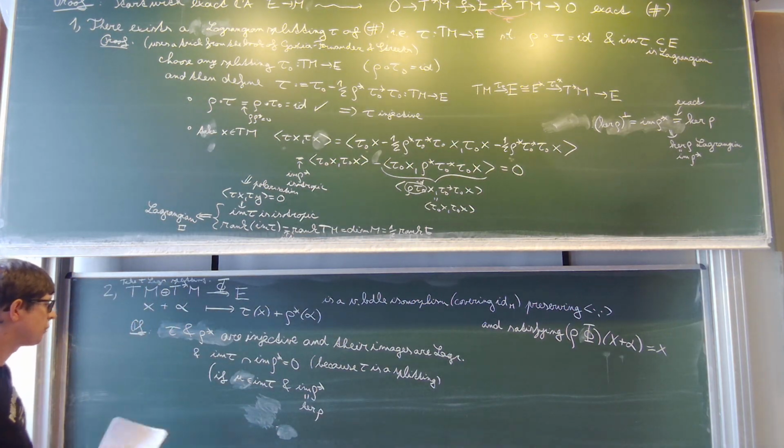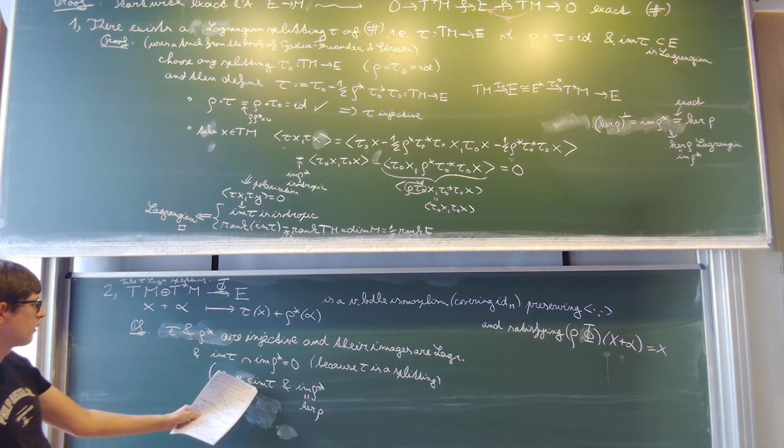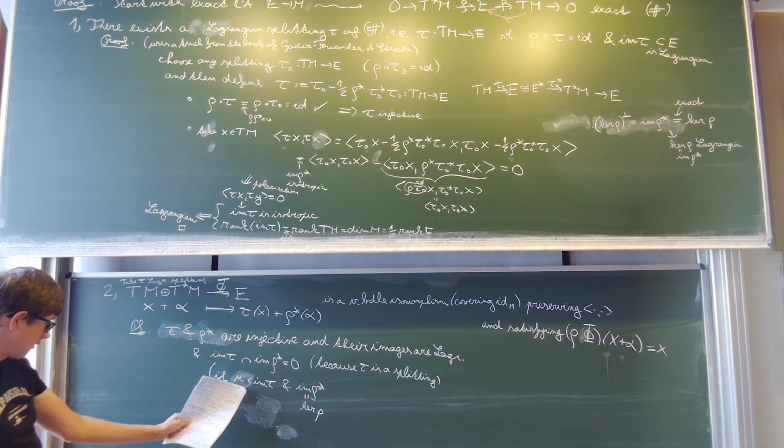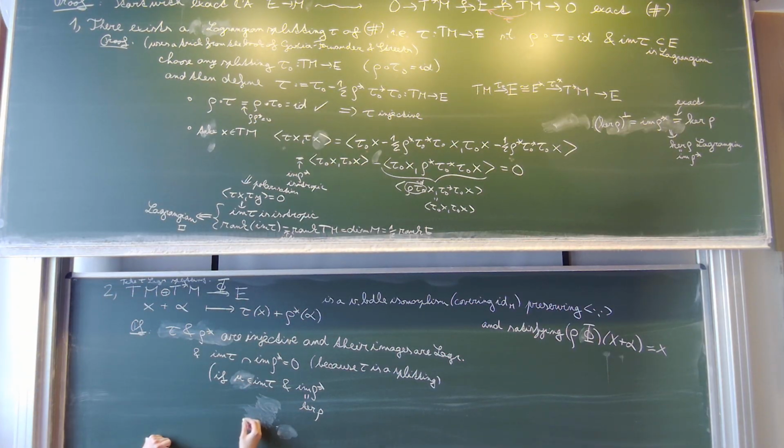Sorry, rho of... okay, this thing should be easier than I'm making it. So if... okay, so rho of u is 0 if and only if u is 0 because tau was injective, right?